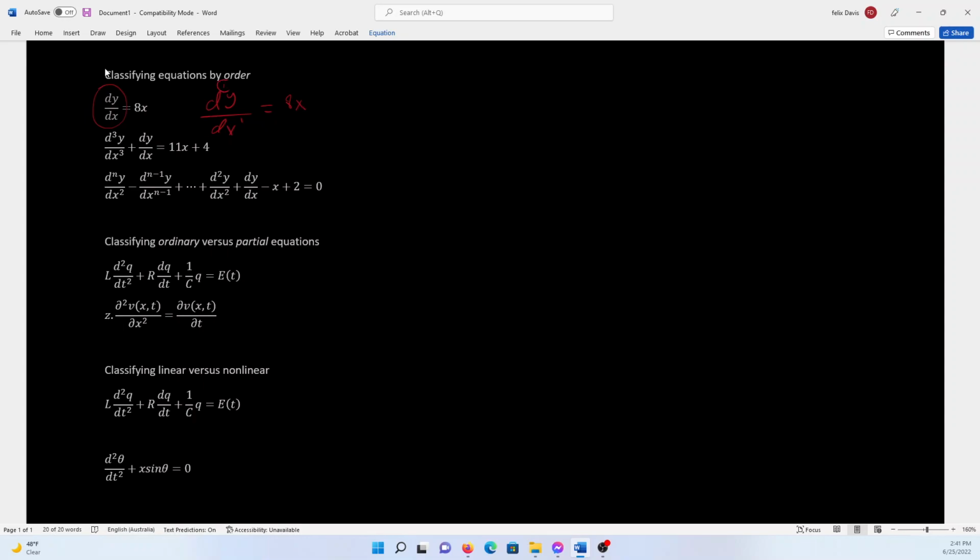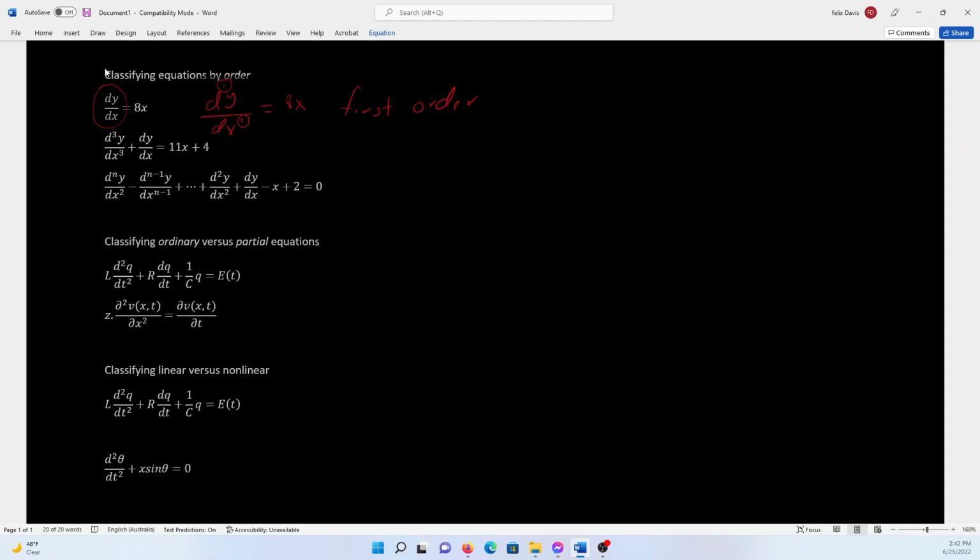Because this is the first derivative of y with respect to x, we call that the first order. In the second one, you take the third derivative of y with respect to x, plus the first derivative of y with respect to x.